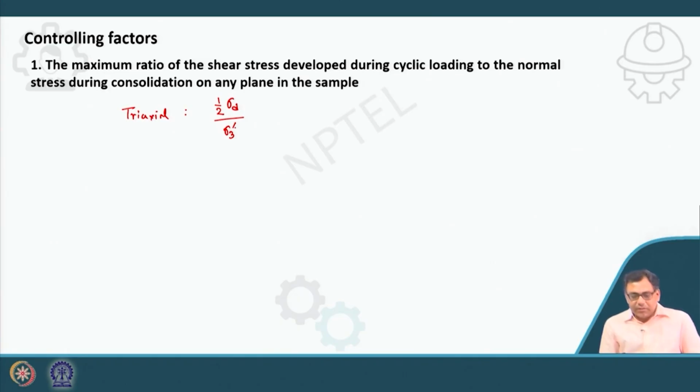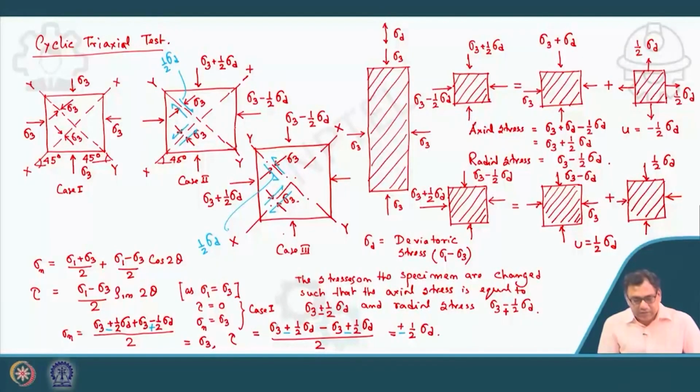If I take that plane where the shear stress is developed, on that plane the normal stress during consolidation is what we need. This is the plane I am talking about, where the maximum shear stress is being developed. On this plane we take the shear stress developed divided by the normal stress during consolidation.